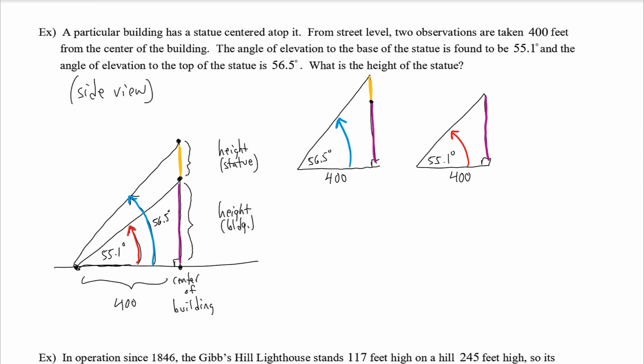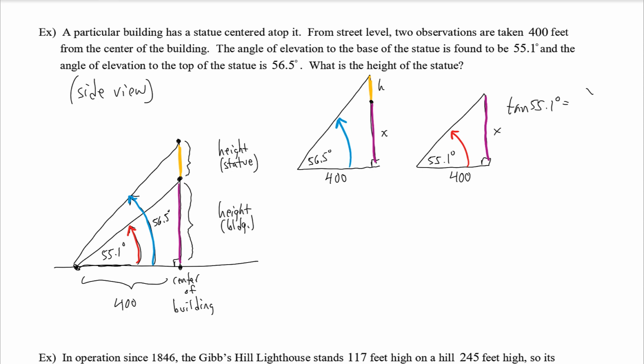So that would be the opposite and adjacent. So tangent of 55.1 degrees is, I don't feel like writing opposite, I'd rather just use a variable. So let's call this x. And we'll call the statue's height y. Or let's use h for the height of the statue.